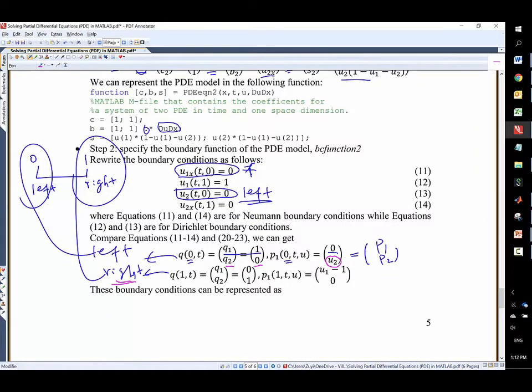For the right hand side, for the first one, we need to write this in the standard format. You get u1 t1 minus 1 equal to 0. This is the boundary condition.